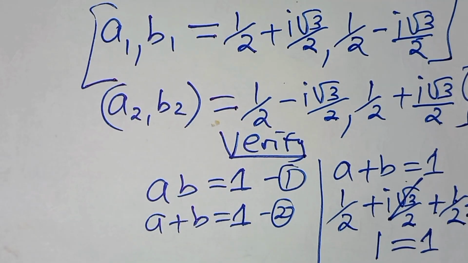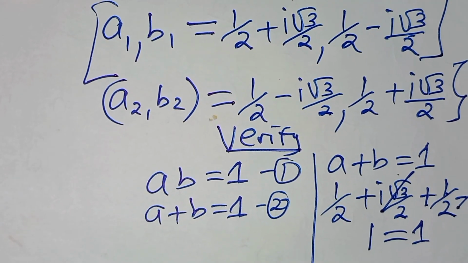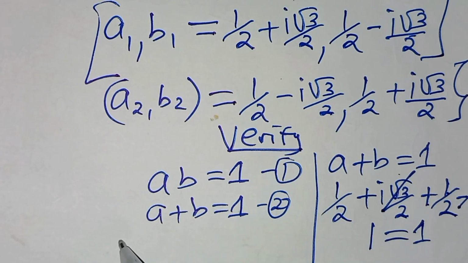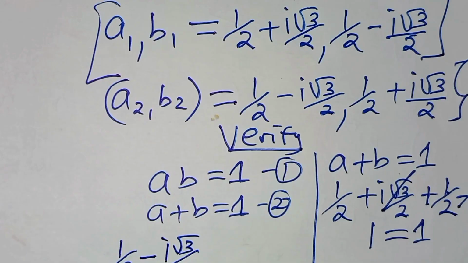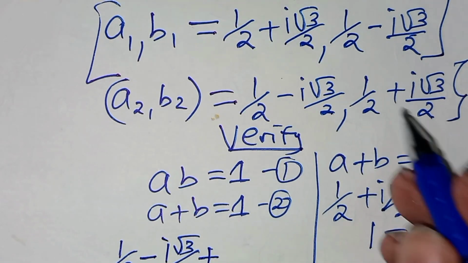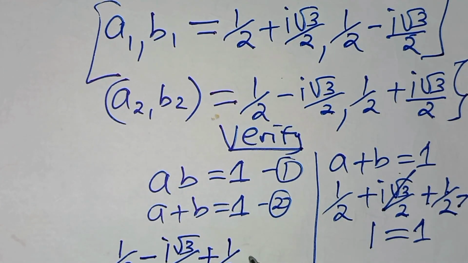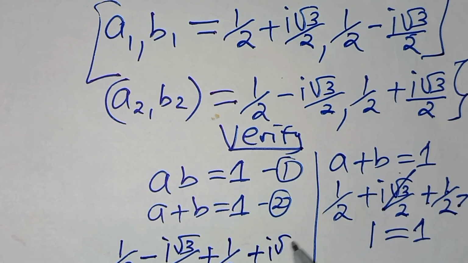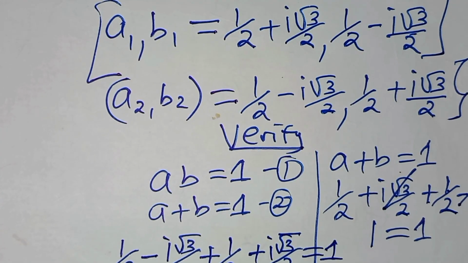So let's substitute a2 b2 quickly. a2 is a half subtract i square root of 3 divided by 2, plus b2. b2 is a half plus i square root of 3 divided by 2. This should give us a value of 1.